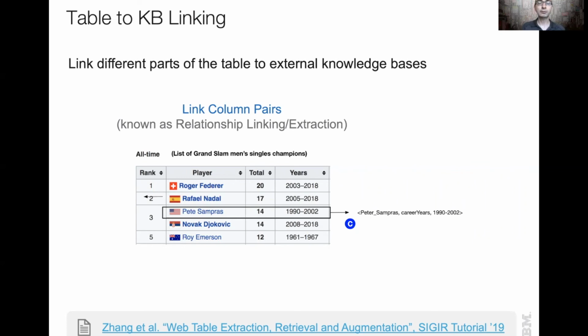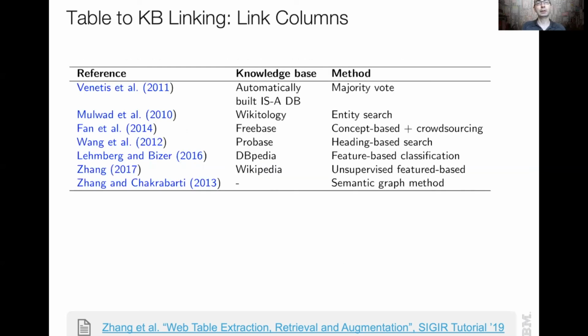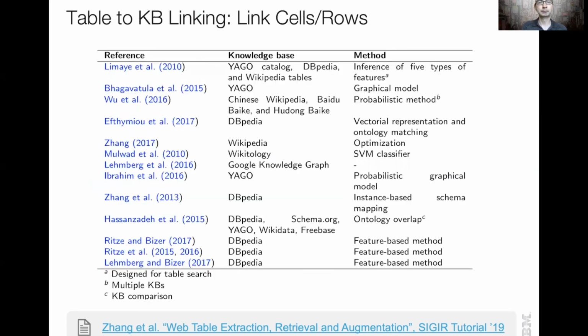For additional information on the related work done in each of these subtasks, please refer to the SIGIR tutorial, where you can see detailed information about each of the threads.